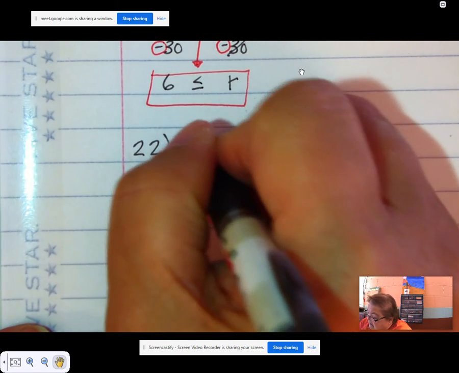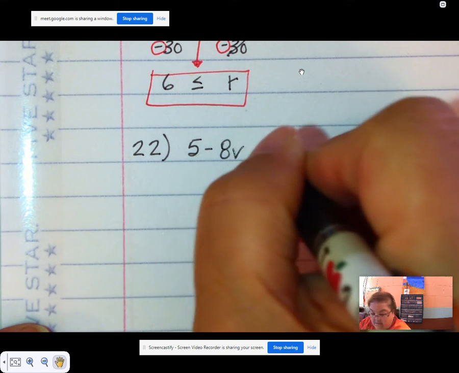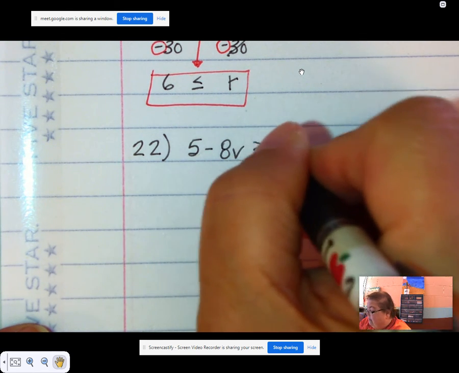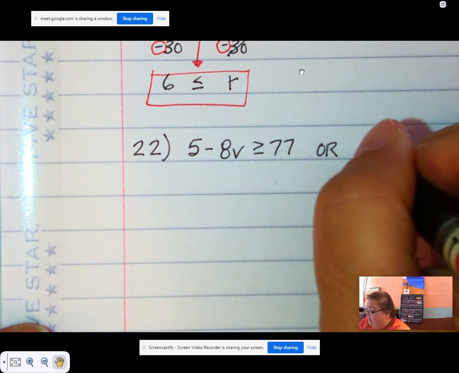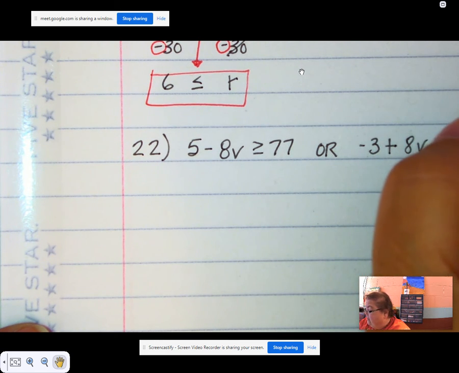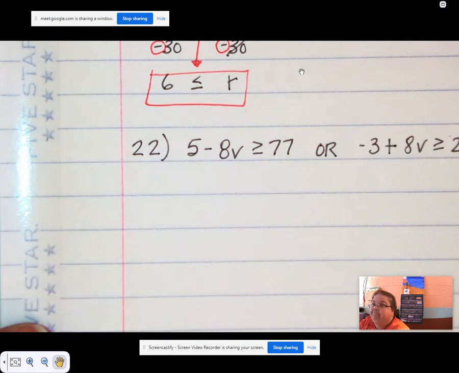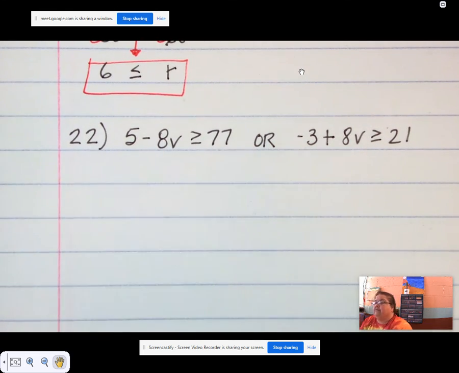Well, it says so. 5 minus 8v greater than or equal to 77, or -3 plus 8v is greater than or equal to 21. I know it's an or because it says it is.